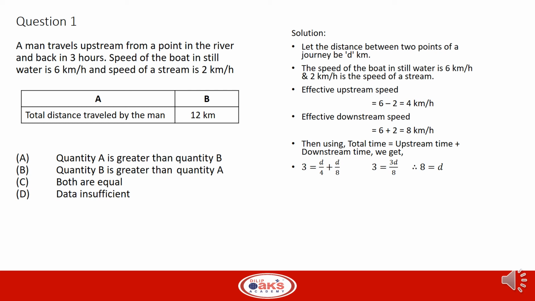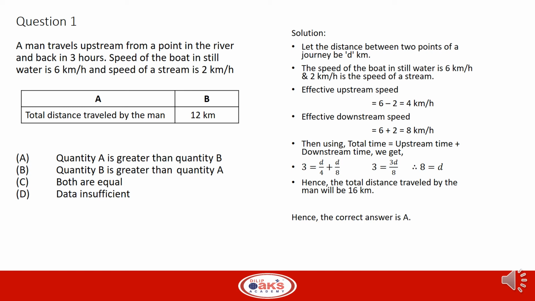However, quantity A says you should find out the total distance traveled by the man. Now if d is equal to 8, then the total distance traveled by the man will be d plus d, that is 8 plus 8, which is 16 kilometers, and clearly 16 kilometers is greater than 12 kilometers. Therefore, the correct answer here is option A.